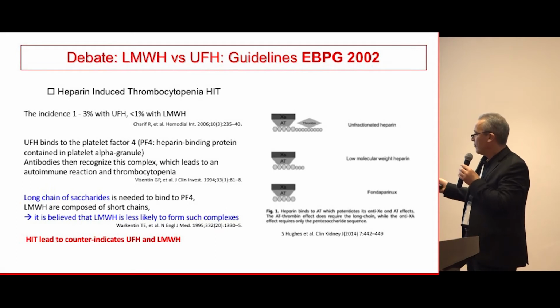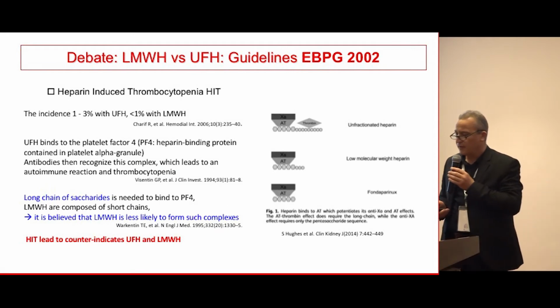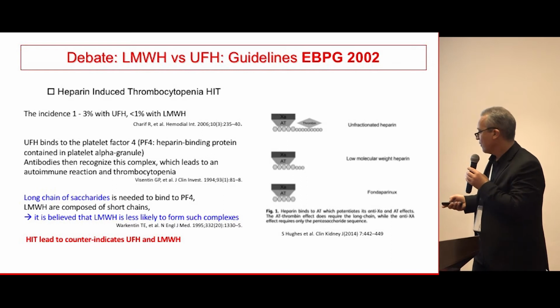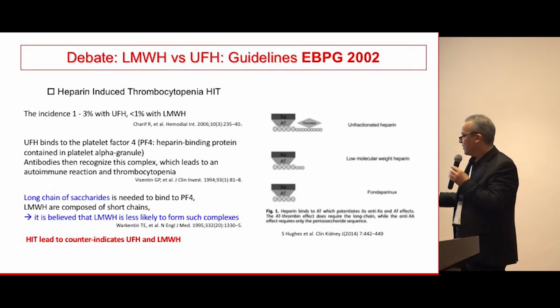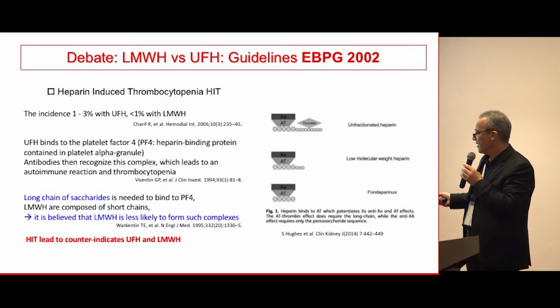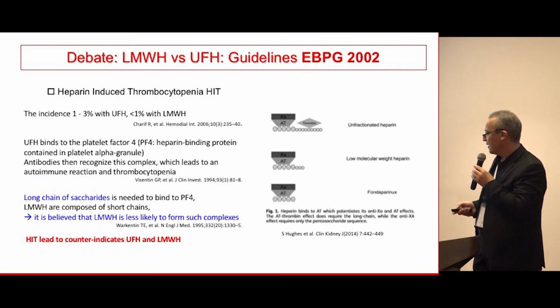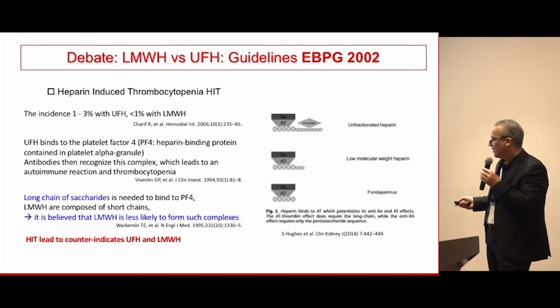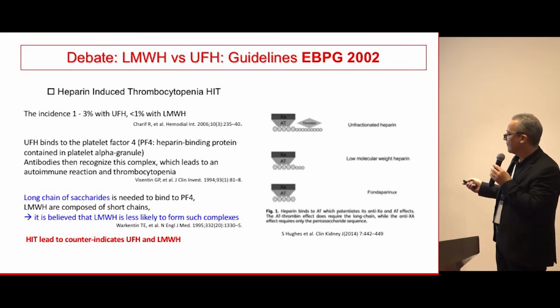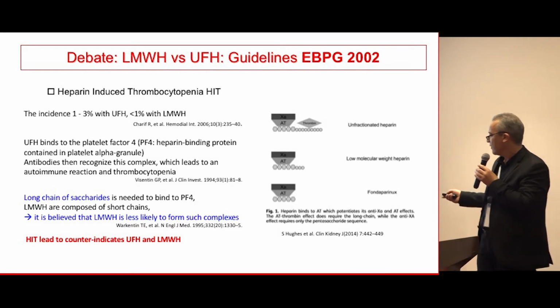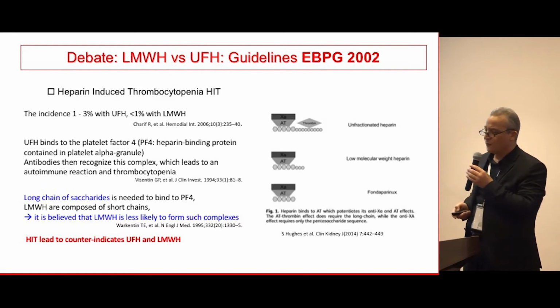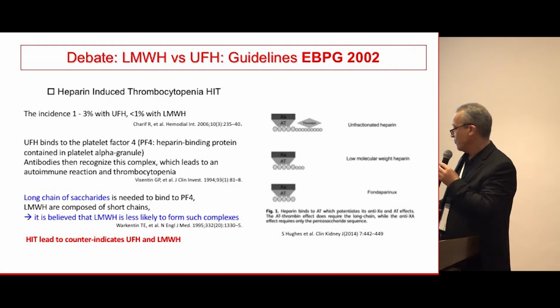But also for heparin-induced thrombocytopenia, the HIT, we have to think of our patients, and there is an advantage: it is believed that low molecular weight heparin is less likely to cause such a reaction, because the complex with the long chain of saccharides is minimal with low molecular weight heparin compared to unfractionated heparin. Please look here at fondaparinux, for example: there is no possibility of interaction, so it is safely used in HIT.